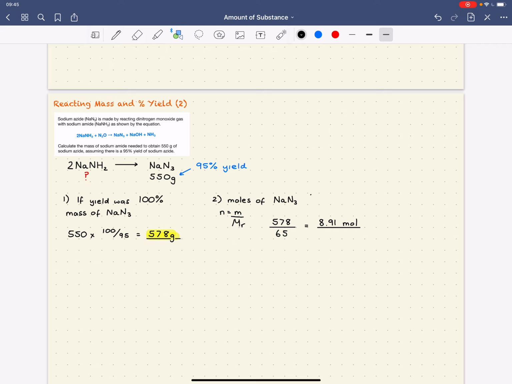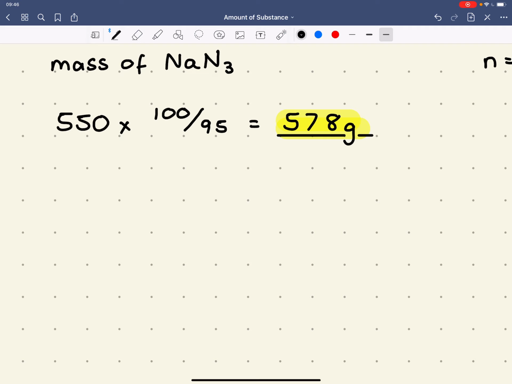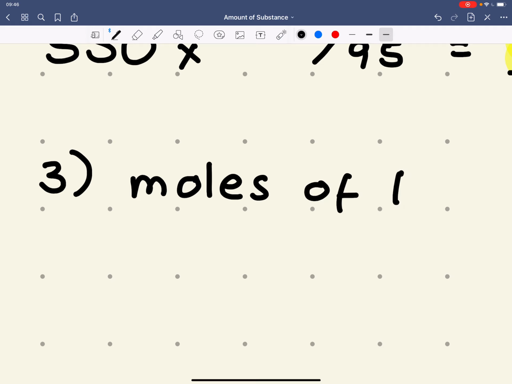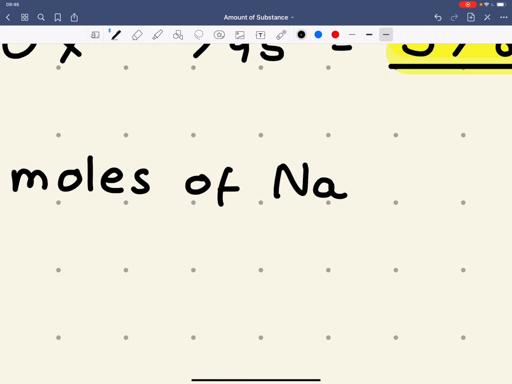So, the next thing we need to do: we've worked out the number of moles of this, which would give 100% yield. Now you've got to work out the number of moles of sodium amide. You can see that for every mole of this NaN3 which is formed, you need 2 moles of NaNH2. So step 3 is to work out the moles of NaNH2.